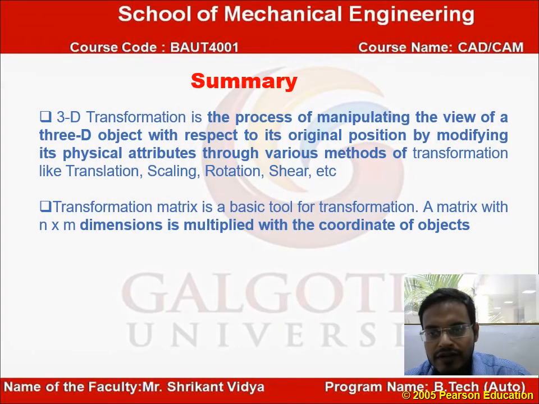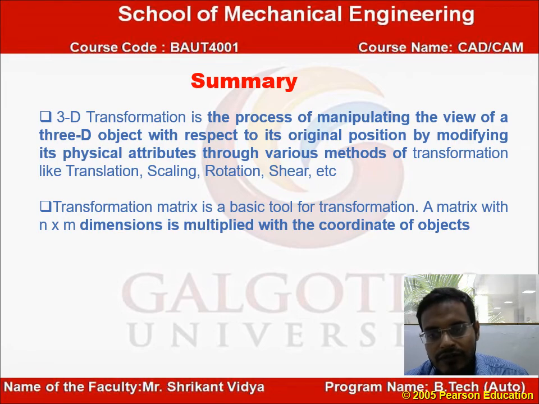So what we have learned in this lecture: 3D transformation is the same as 2D transformation, but we are considering the Z coordinate also, and we are getting a 4x4 matrix here, with 4 elements in columns and rows also. So 3D transformation is the process of manipulating the view of a 3D object with respect to its original position by modifying its physical attributes through various methods of transformation like translation, scaling, rotation, shear, reflection.